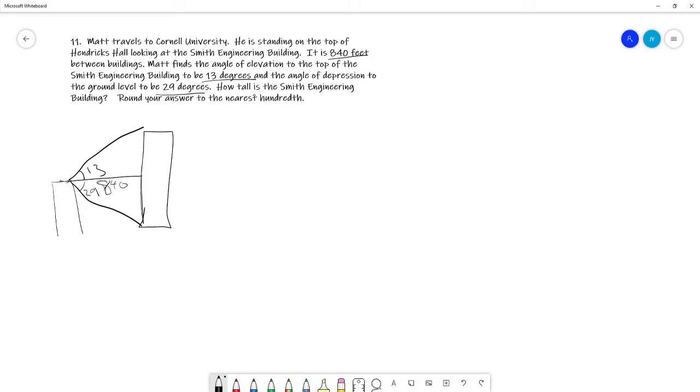Now, we're going to try to solve this problem. What is it asking for? How tall is the engineering building? So that's what we're looking for. And to do that, there's no other way to do this, if you think about it, other than using trigonometry applications. We have this angle on one side. We know it's a right triangle because it's a 90-degree angle, because this is a straight line that's perpendicular, since it says it's 840 feet apart between buildings.